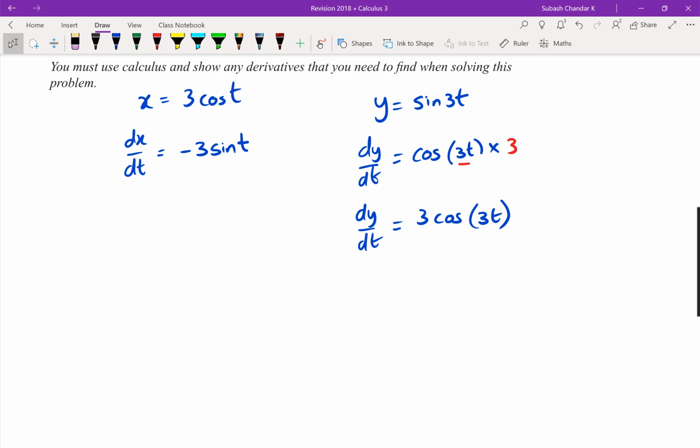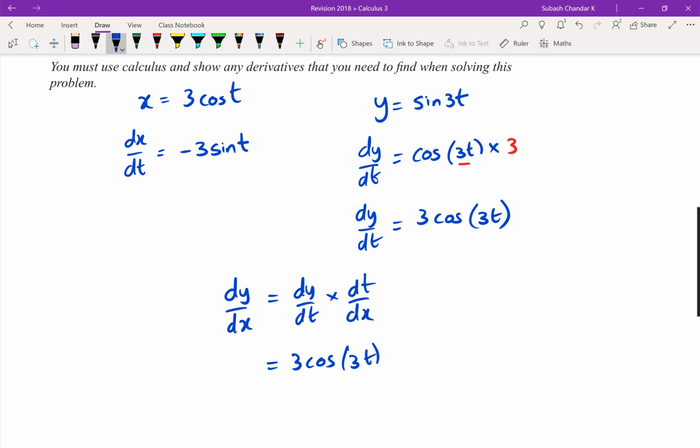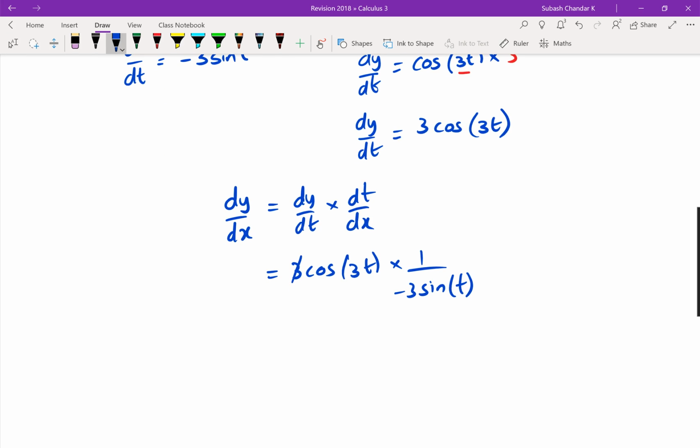Then dy dx is equal to dy dt multiplied by dt dx. So we got 3 cos 3t times 1 over -3 sine t. Is that all right so far? Yep. That gets rid of it. So we got cos of 3t divided by sine of t, but of course there's a negative there.